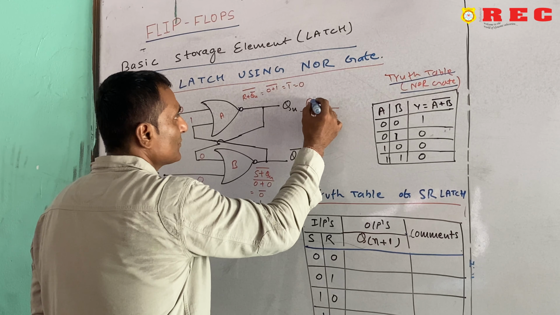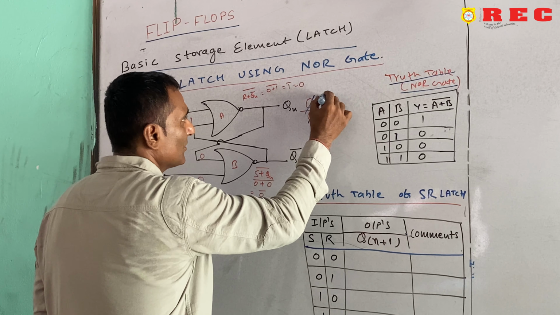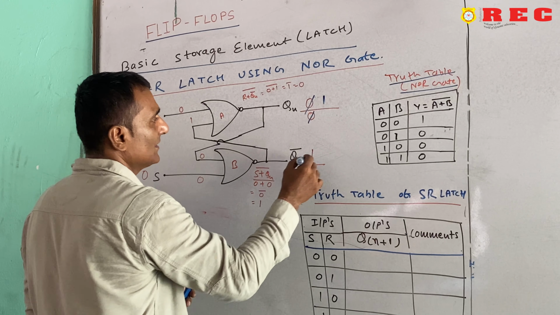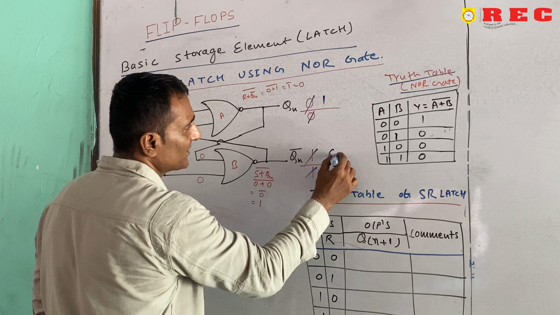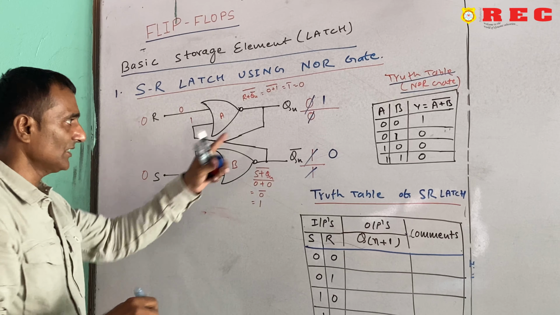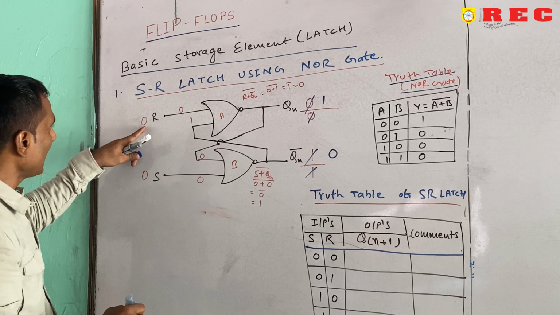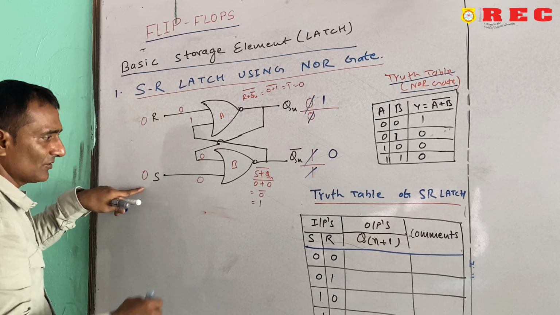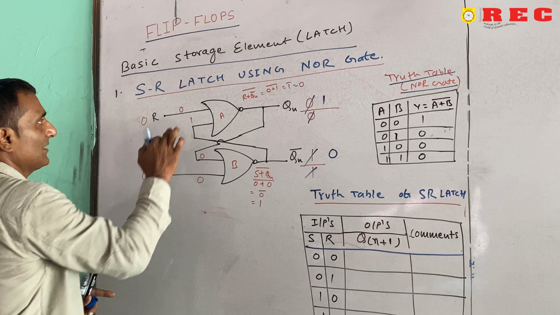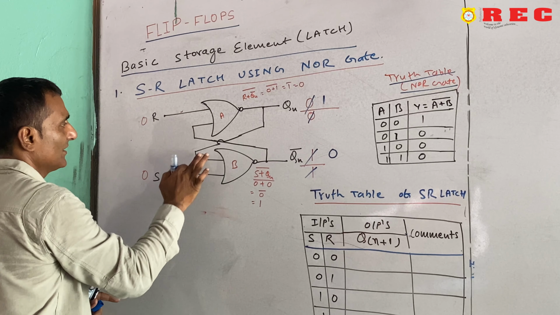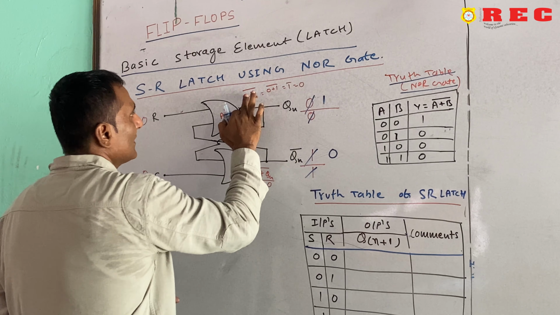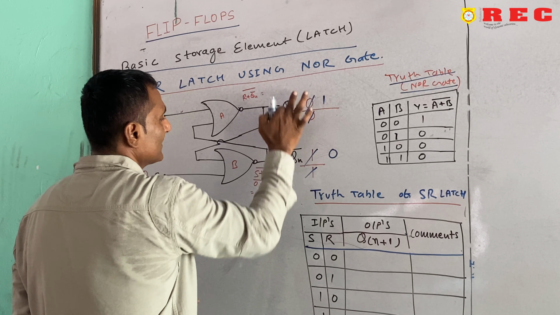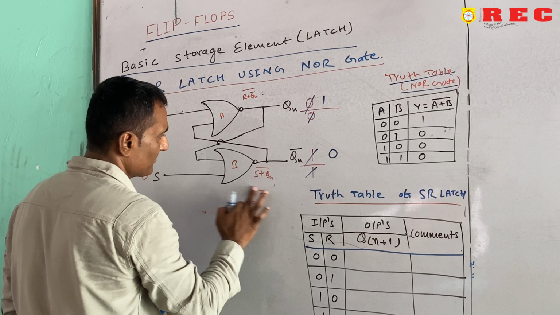Now, suppose we take Qn equal to 1, then of course Qn complement will be 0 due to the complement, and R is equal to 0 and S is equal to 0, the first case. At that time what will happen? Let us see, the same formula is here because the output is the same.